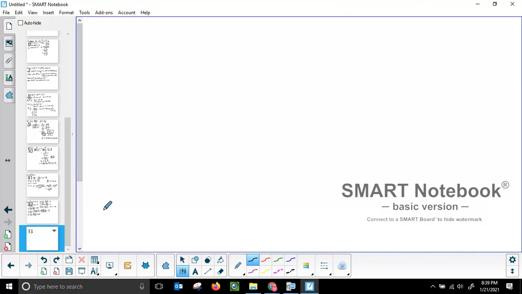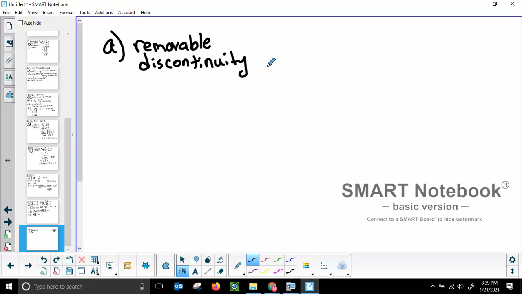All right, number 12. It says draw the graph of a function that has A, a removable discontinuity, B, a jump discontinuity, and C, an infinite discontinuity. All right, the important things to really know here, a removable discontinuity is a hole.